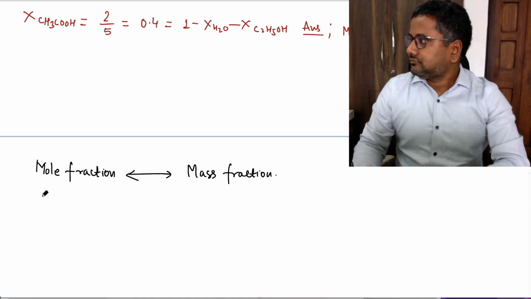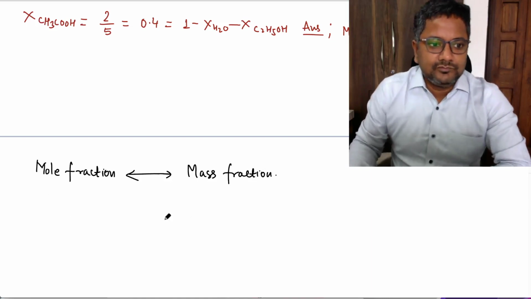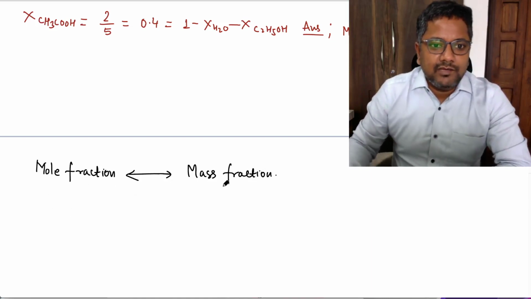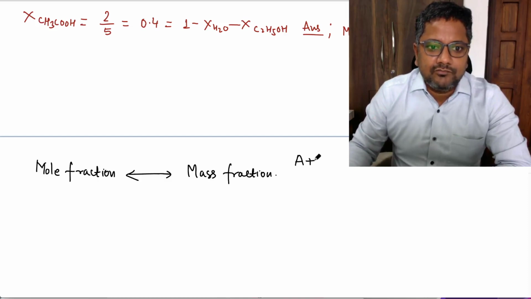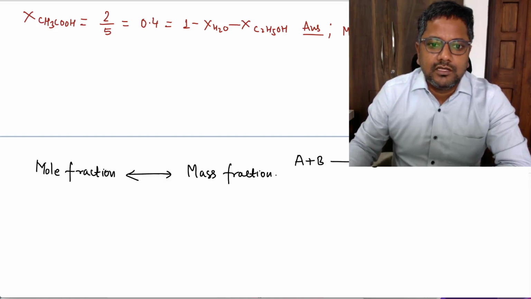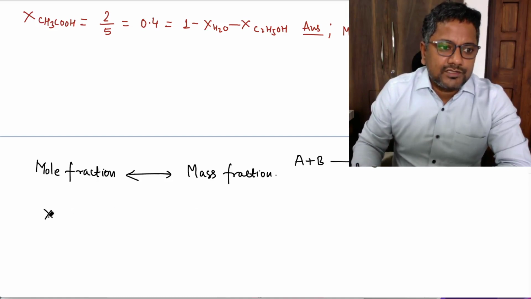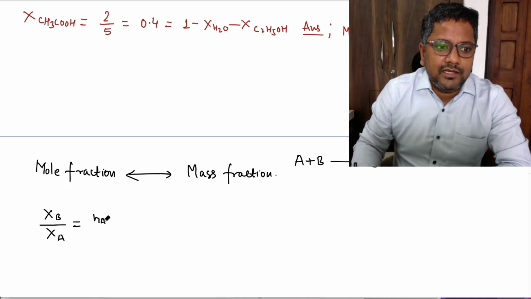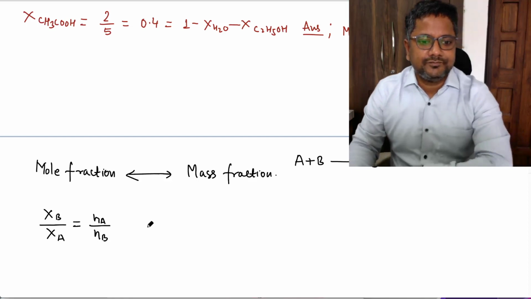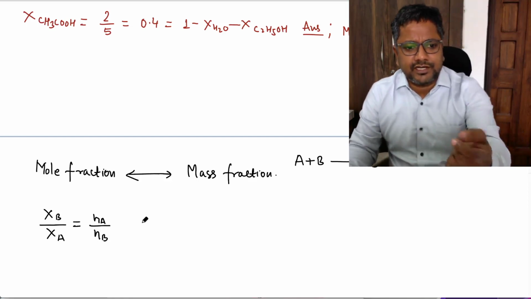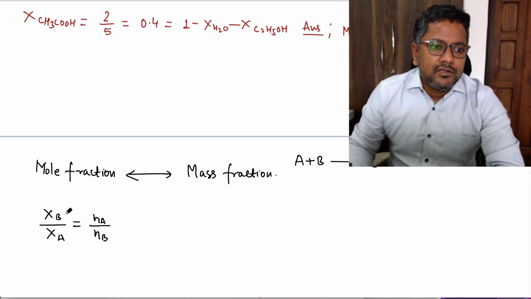See, I am taking an AB mixture, A plus B mixture, this solution. So mole fraction of B by mole fraction of A is equal to moles of B by moles of A. You can write it. Very simple relation. Within a second you can derive this relation.